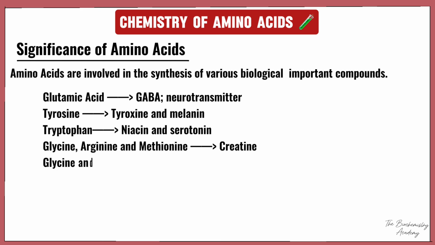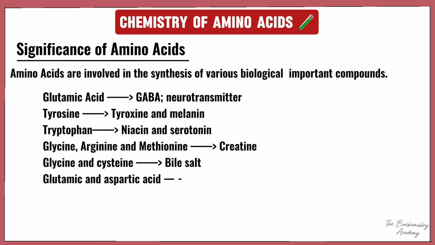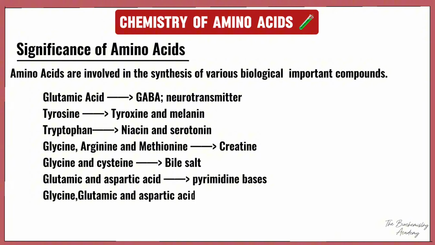Then the amino acid tryptophan is used in the synthesis of niacin and serotonin. Then glycine, arginine, and methionine are used in the synthesis of creatine.